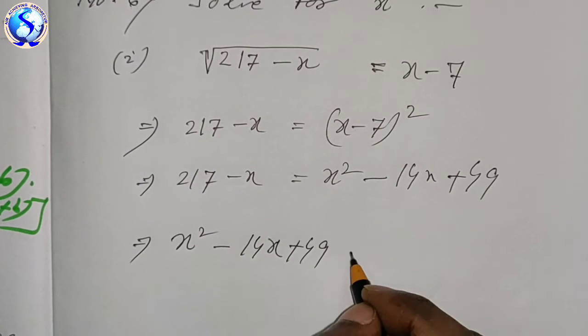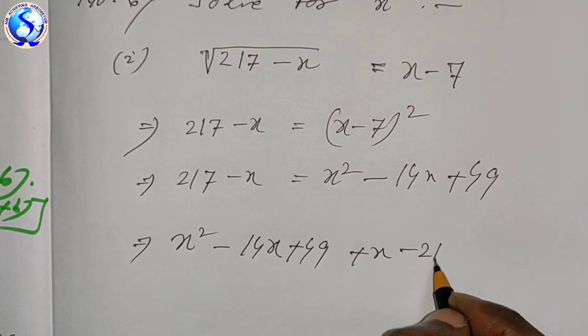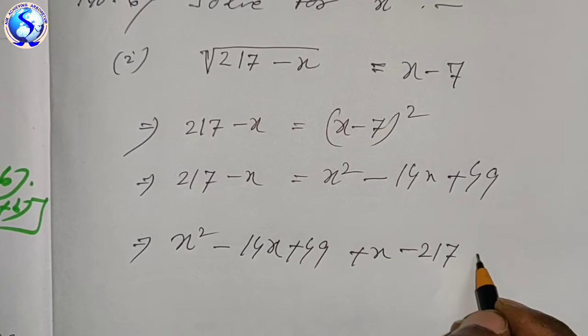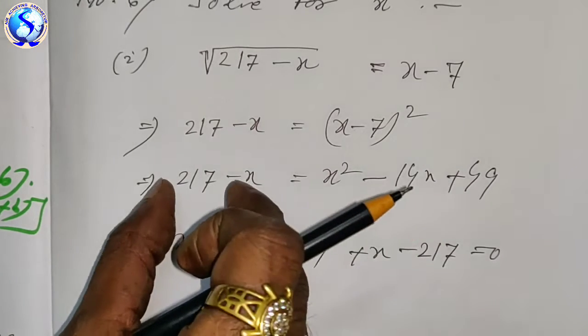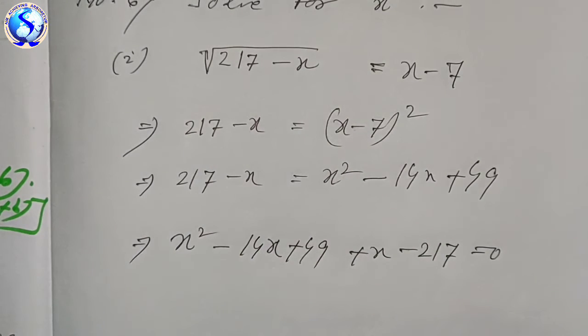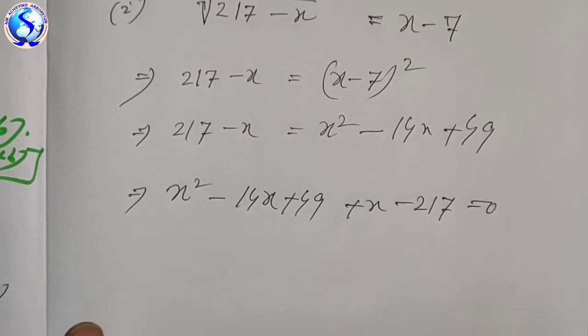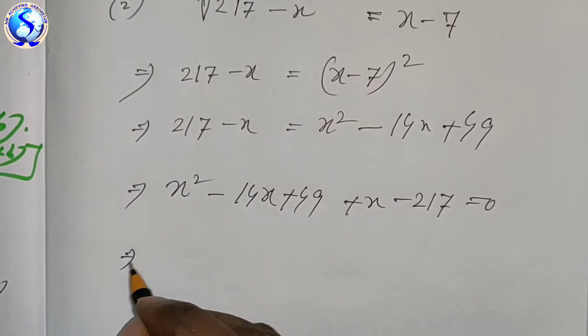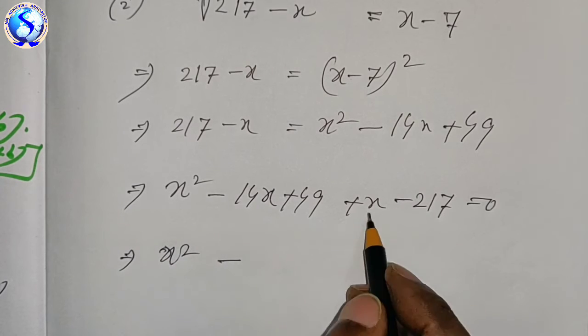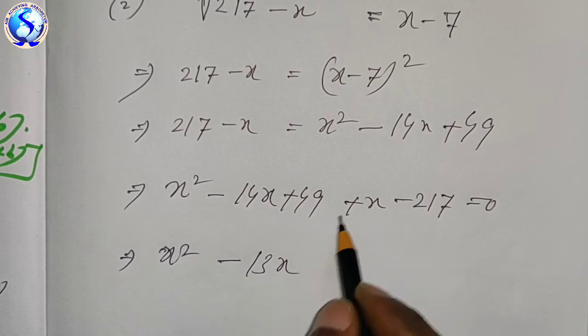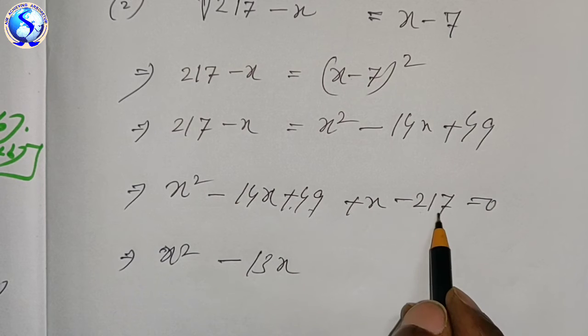This will be plus x and minus 217, equal to 0. Taking the left hand side to that side, all signs will be reversed. See here, x square minus 14x and plus x will be minus 13x, and 49 and here 217.